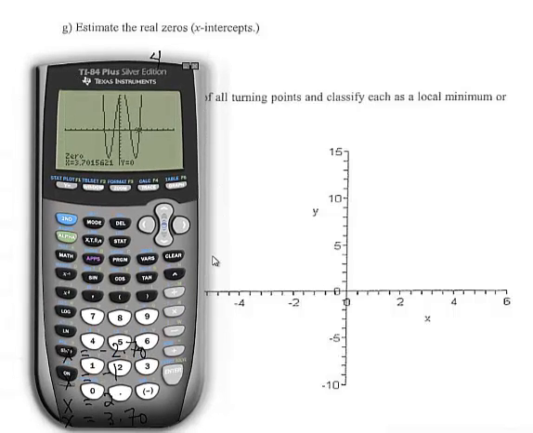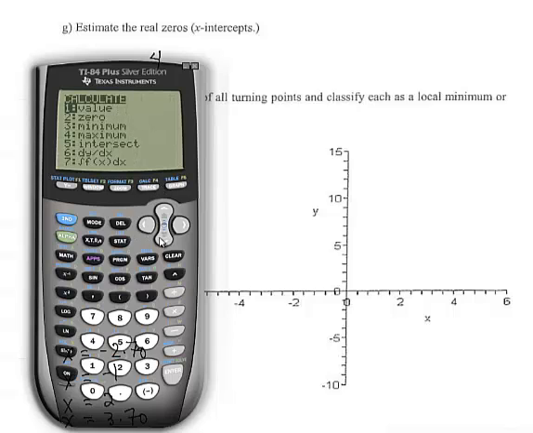So with our zeros, we now want to go back to the same calculate menu, select minimum. We'll start with the leftmost minimum. Okay, move the cursor to the left of the first minimum, hit enter, move to the right, hit enter a second time, and then a third, and we want both coordinates.